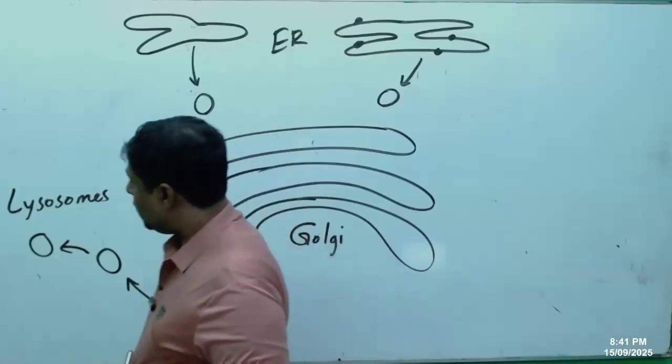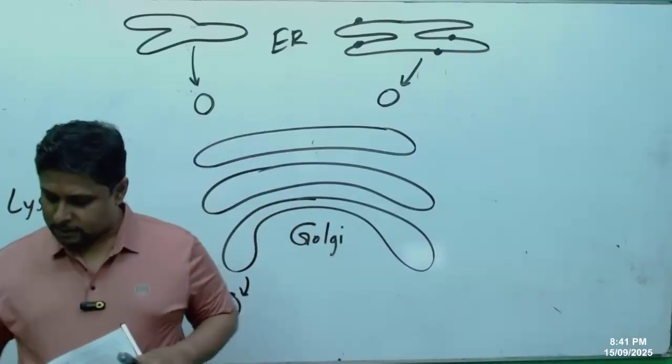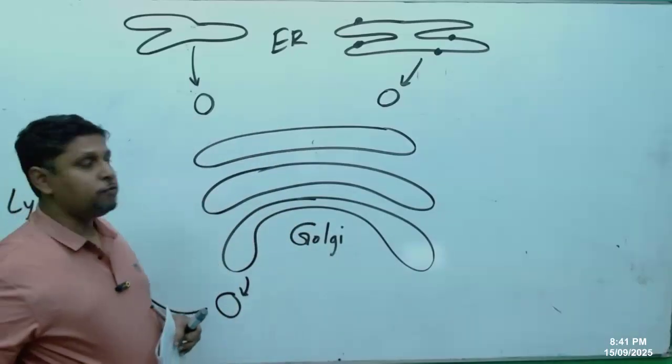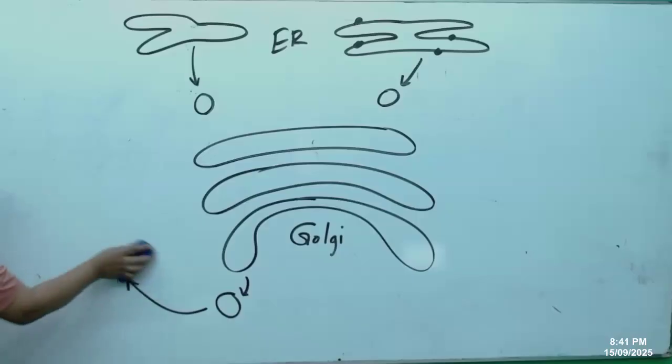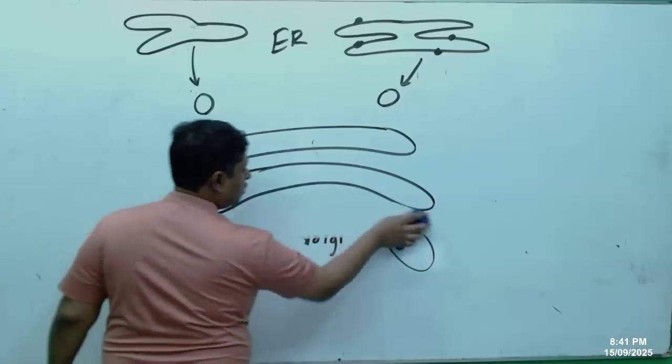You learned the functions of peroxisomes: breakdown of hydrogen peroxide, H2O2, into water.